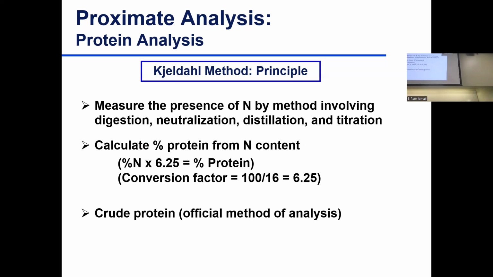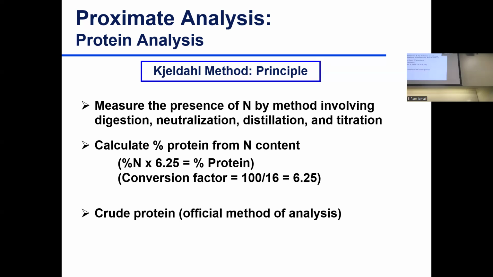So it is a crude method of analysis. Why is it crude? Why is determining nitrogen content and multiplying it by a conversion factor crude? Yes, Graham. Other molecules have nitrogen as well. Yes. Can you name one? Some vitamins have amine groups in them. So some vitamins have nitrogen in them. Nucleic acids have nitrogen in them.